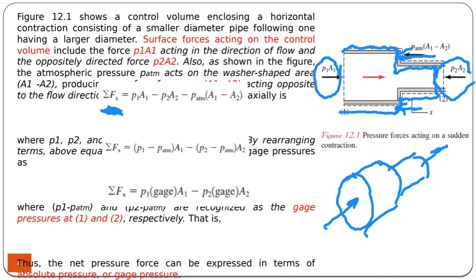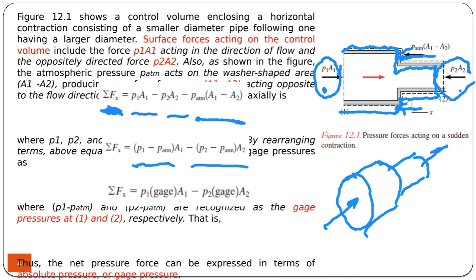So the total force is P1A1 minus P2A2 minus the force exerted by the atmospheric pressure, and the area is A1 minus A2 here, the area of the ring. If you rearrange this equation, you get (P1 minus P atmosphere) times A1 minus (P2 minus P atmosphere) times A2.